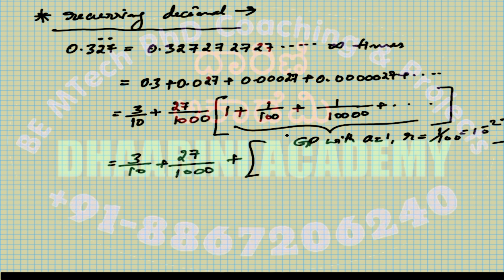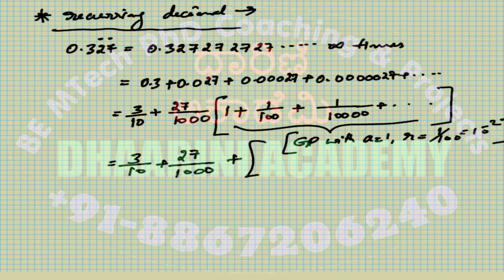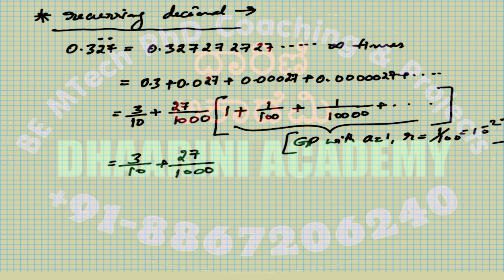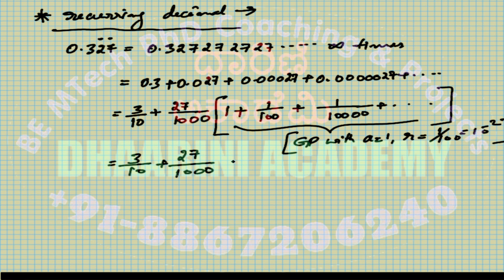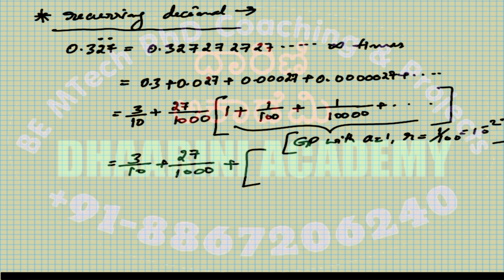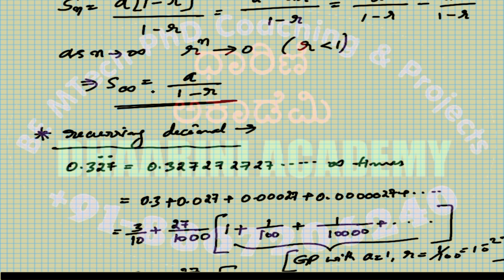When that is the case, I can write this using my equation for the sum of infinite terms. Not plus, there is no plus here, it's a multiply. So I need to write the sum of infinite terms with this condition, a by 1 minus r.